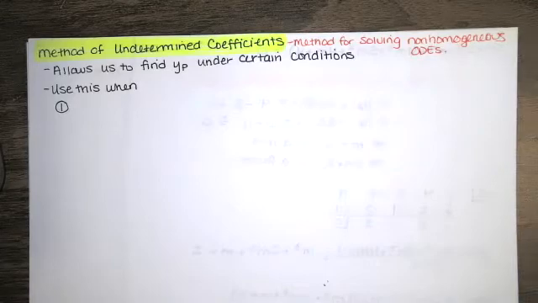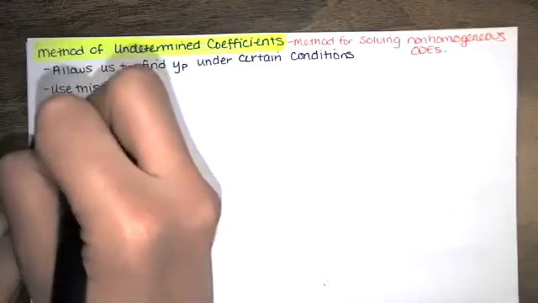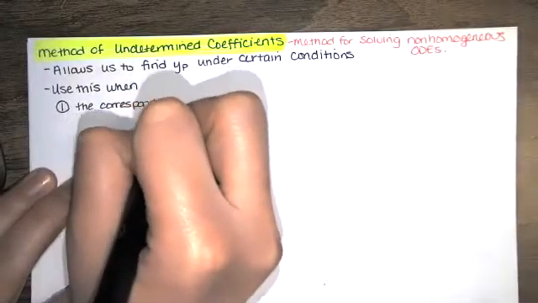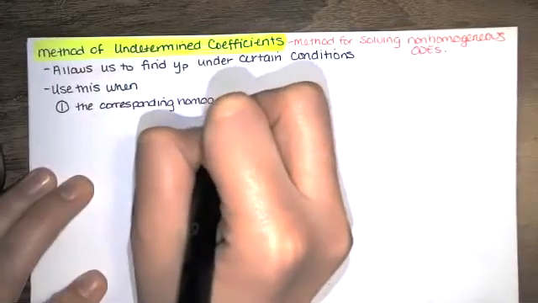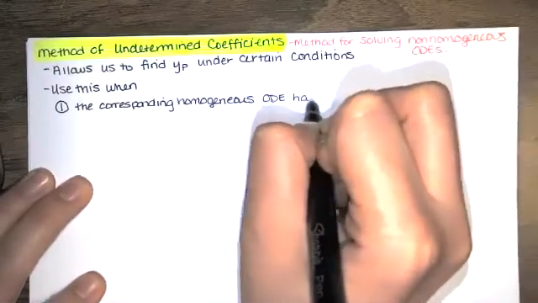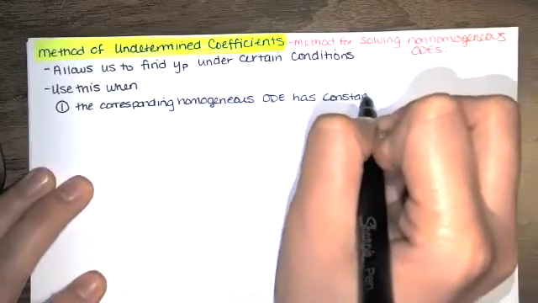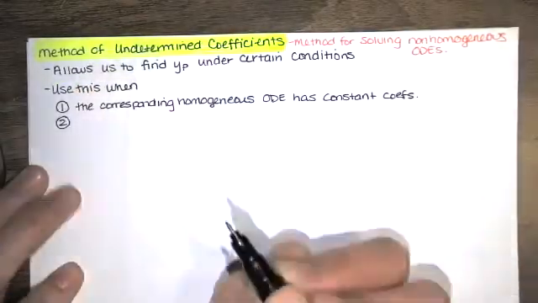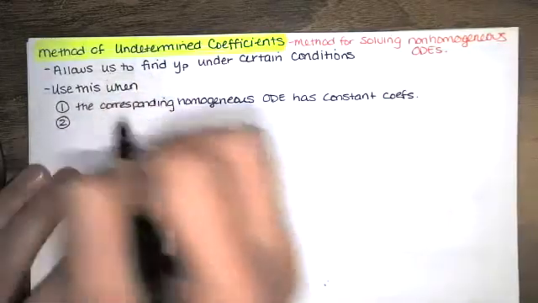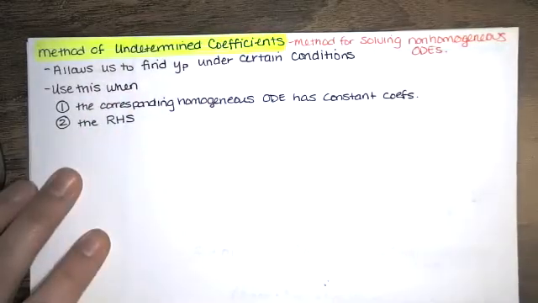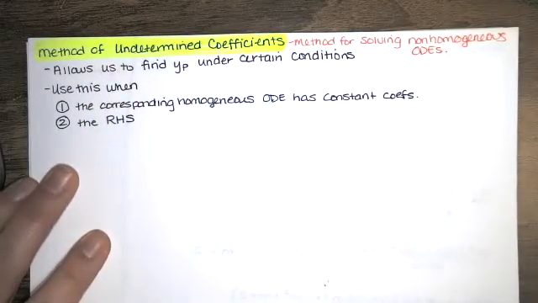We can use this when the corresponding homogeneous equation has constant coefficients, and we will use this when the right-hand side, that's after all of the y's and y's derivatives have been moved to one side and all of the functions of the independent variable only have been moved to the right-hand side.